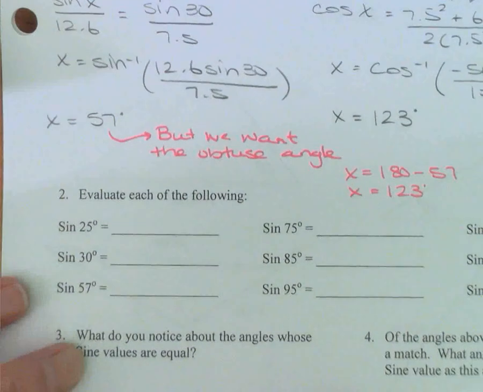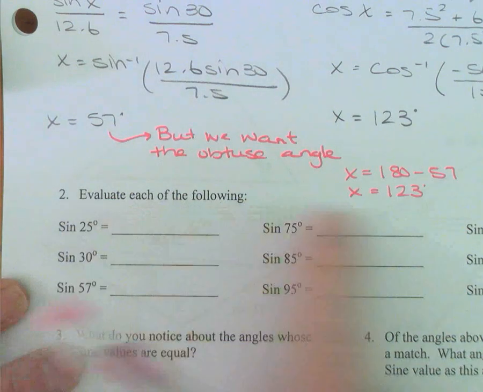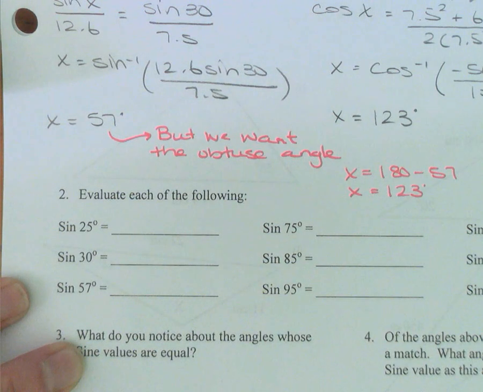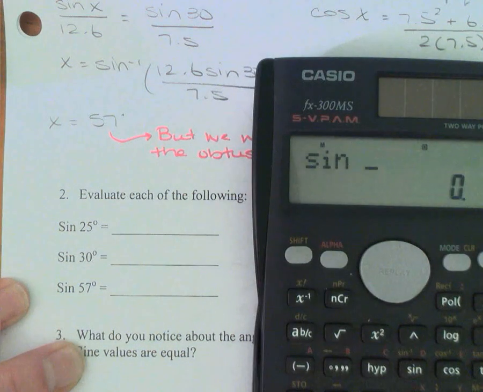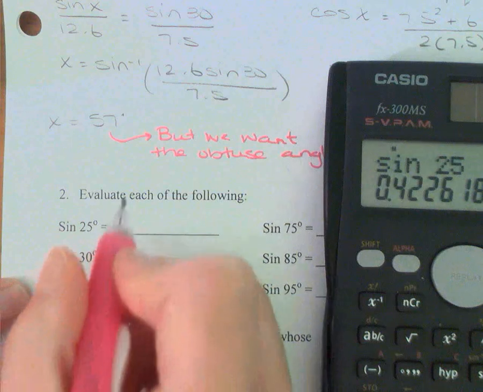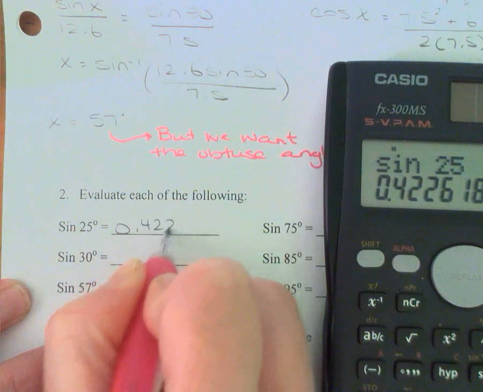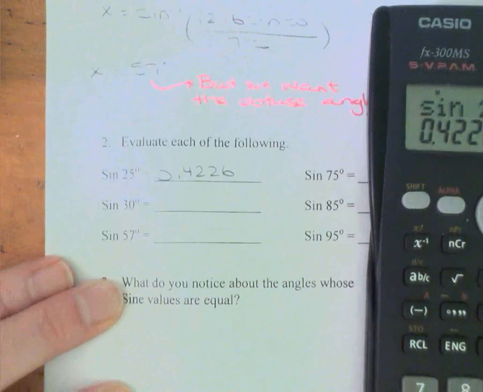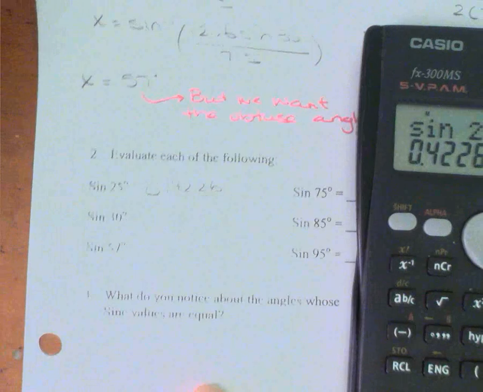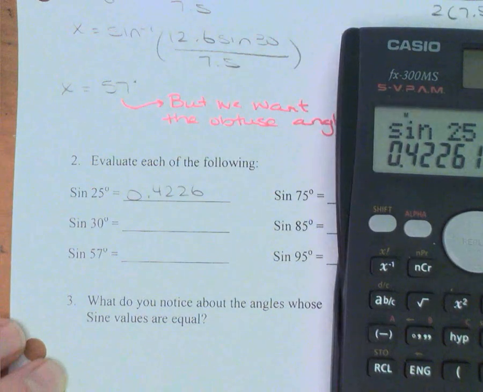So let's explore this idea a little more that the sine law lies to me. So what I want us to do is we're going to take our calculator and evaluate each of the following. So I'm going to grab my calculator and I'm just going to plug in sine of 25. And I get 0.4226. Now I'm just going to round to 4 decimal places. In this case, I don't need every last one. And then I'm going to do sine of 30.